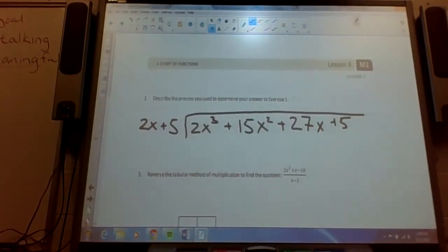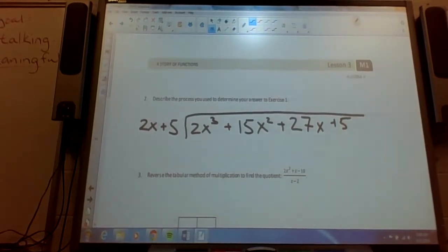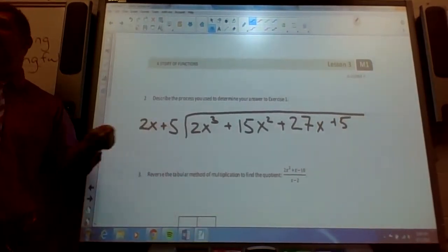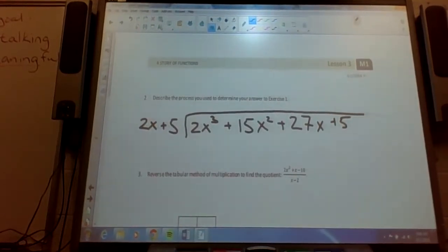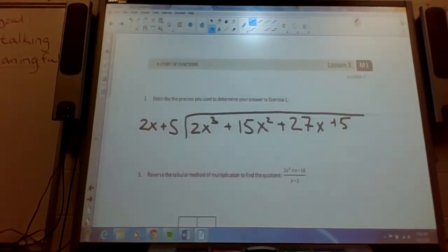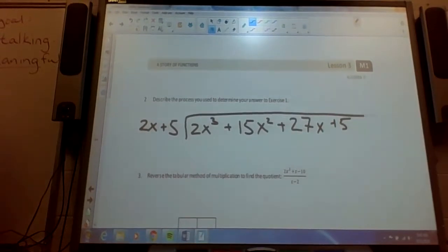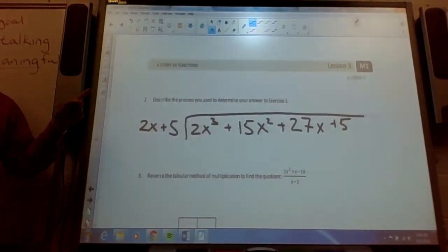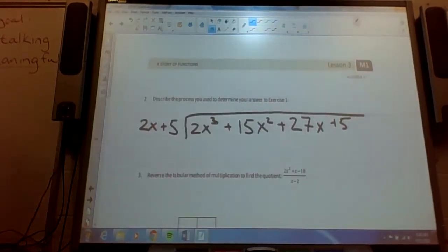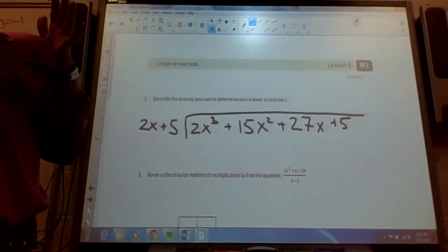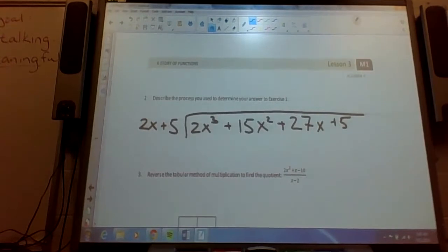Okay, now, here's what I'm going to have you do. Forget about the 5 for right now. You got that, Cora? What did I say? Forget about the 5. All right. How many times does 2x go into x cubed? Nick, how many times does 2x go into x cubed?